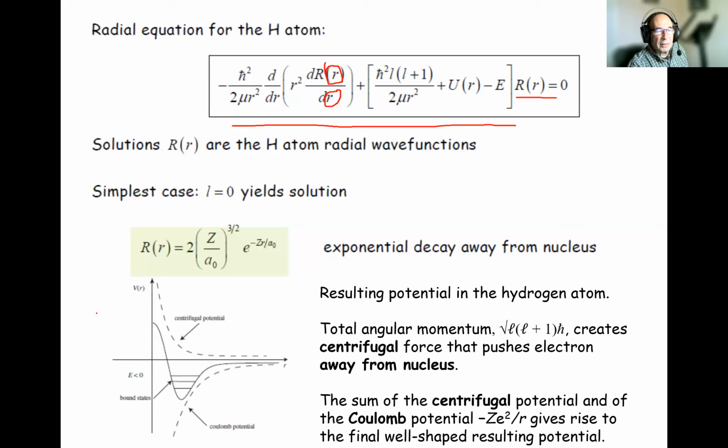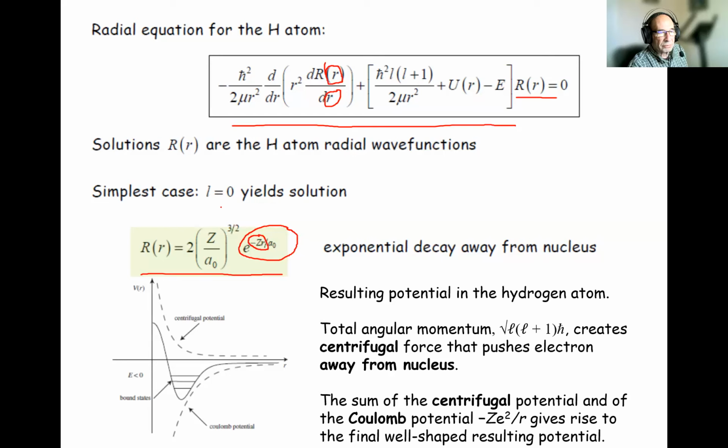Here is an important result. If we solve these equations, what we find is that all our solutions depend on the distance exponentially. You can see here that what we have is an exponent.